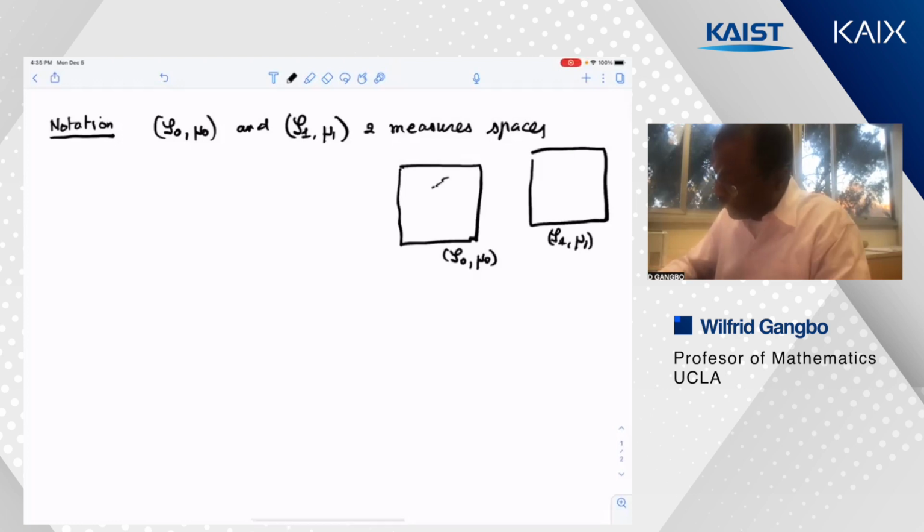And assume that I have a map T or a map X from S naught to S1, which is measurable.